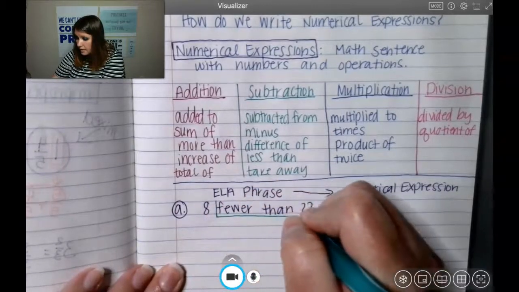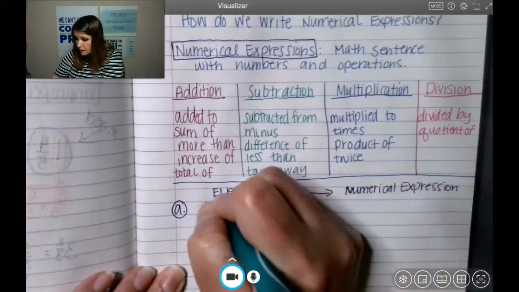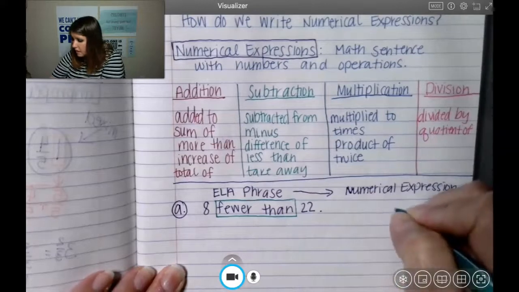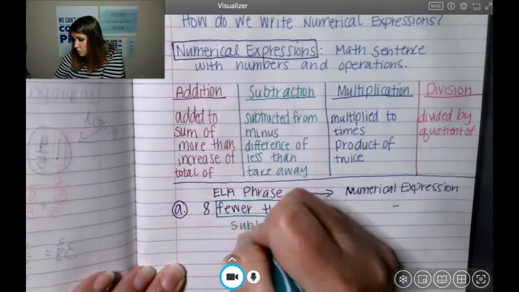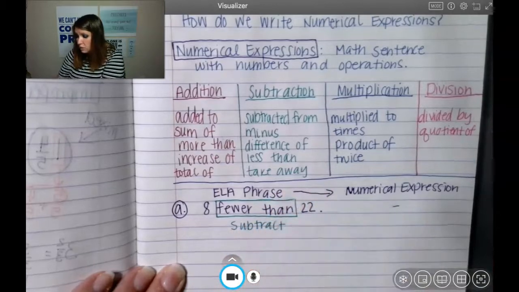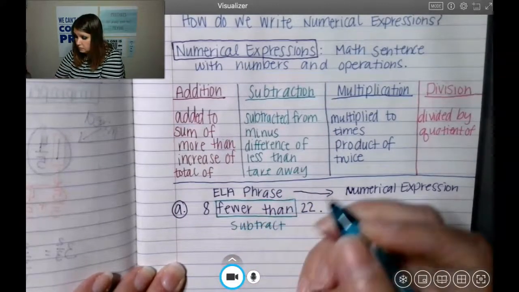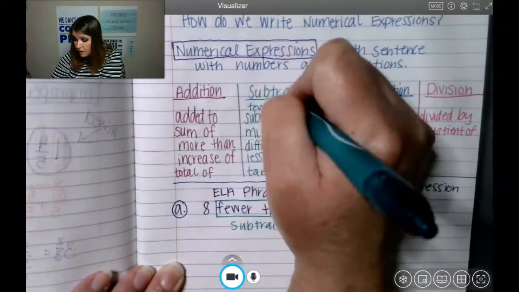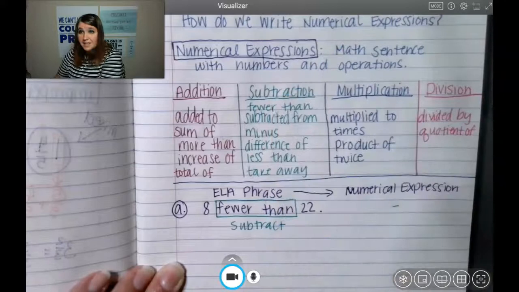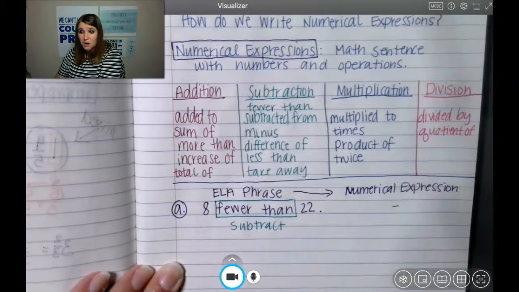So I'm going to highlight this in my teal color. And over here, I'm going to write a subtraction sign because this tells me I'm going to subtract. So my clue word is subtraction. I'm actually going to add fewer than up here because that word is probably going to come up more often.